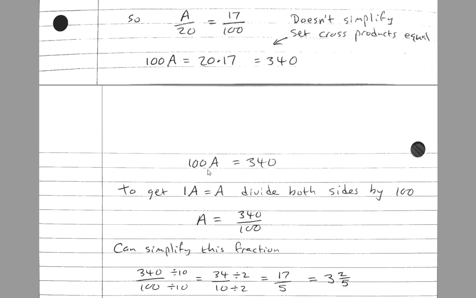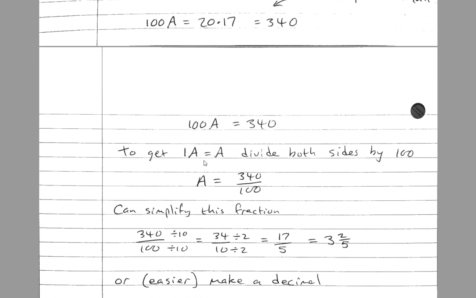So we're looking at this. 100 times a is equal to 340. We want a. We just want 1a. So as usual, divide both sides by the number multiplying the letter. Divide both sides by 100.